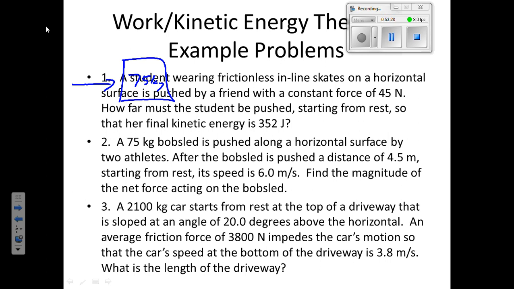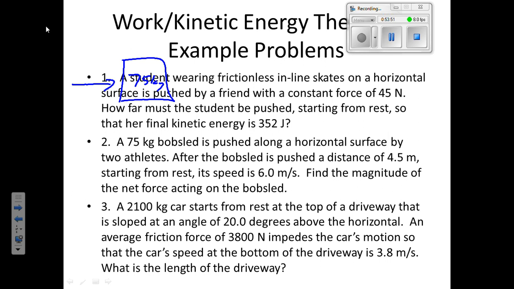It's a frictionless surface, we're assuming we're on ice, so essentially frictionless. The amount of force that we're pushing with is what kind of force? Since there's no friction, it's a net force.